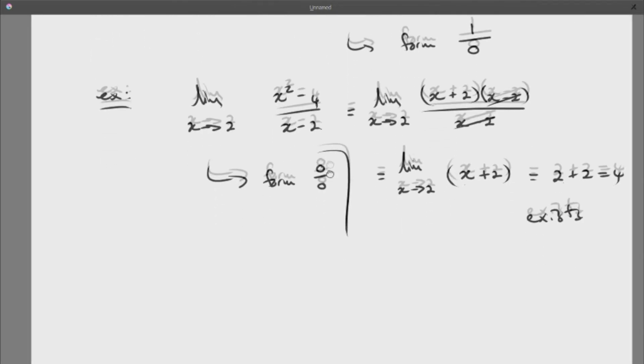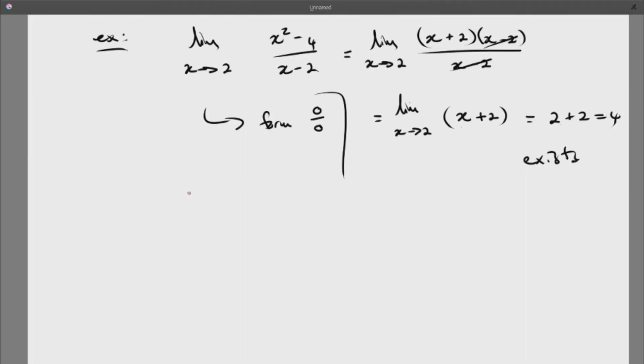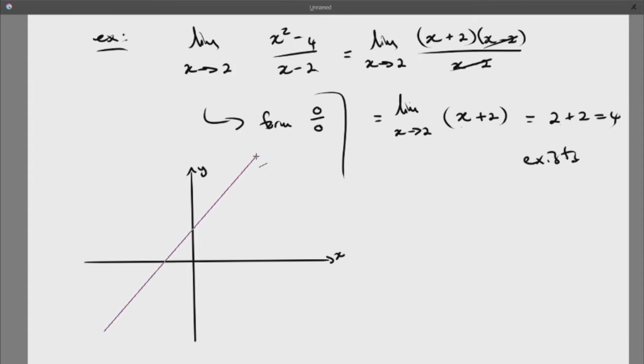So in general, other things can happen that I am not going to really see often because they do feel like sort of special, slightly made up situations. But what's happening here is this graph, this rational function, because of what the two polynomials are, really looks like this, with a little hole at x equal to 2.